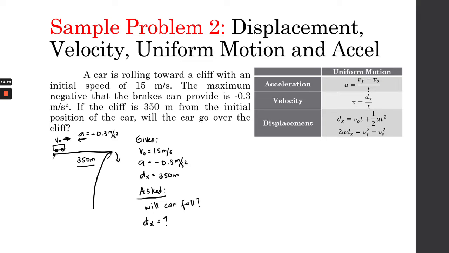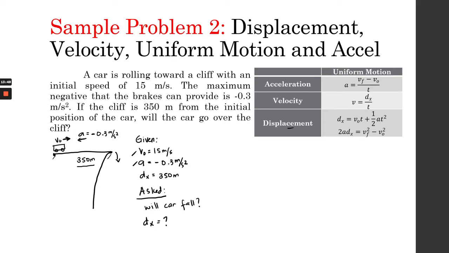Well, let's look at our equations and determine which equation we have to use to solve for the distance at which the car will stop. From all of these equations, let's first look at displacement, because that's what we're looking for. From all the given, we are given the acceleration and the initial velocity.